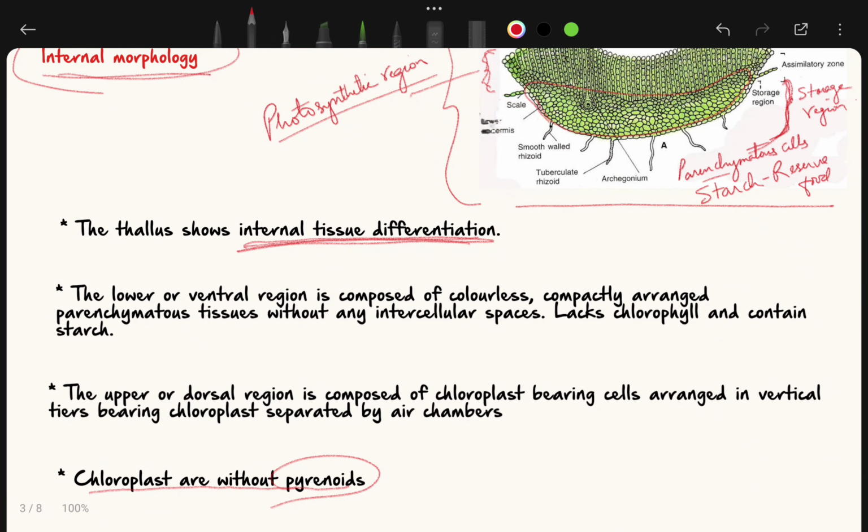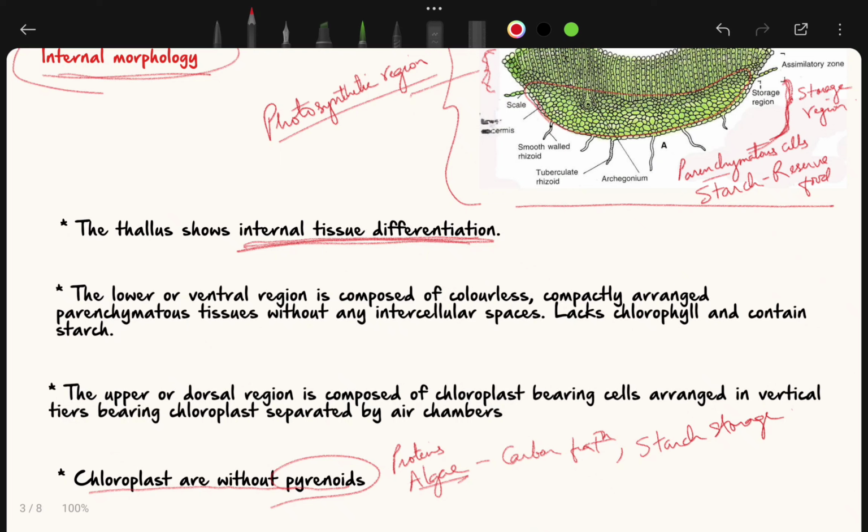So these pyrenoids are proteins, and they are commonly found in algae. The function of these pyrenoids is carbon fixation, and they are also known for starch storage, and they are commonly found in algae.